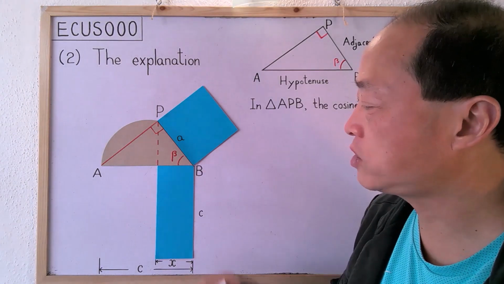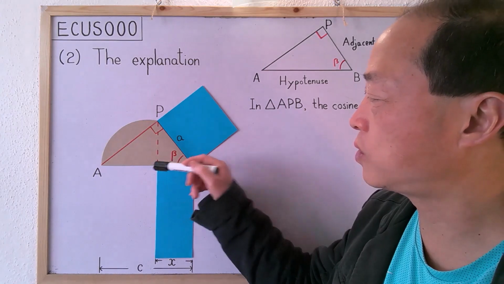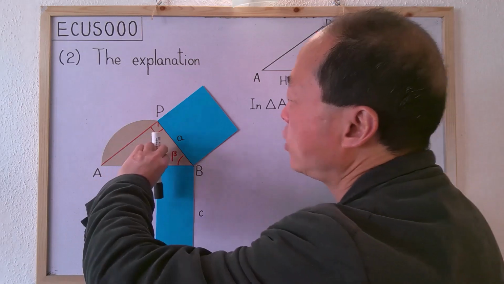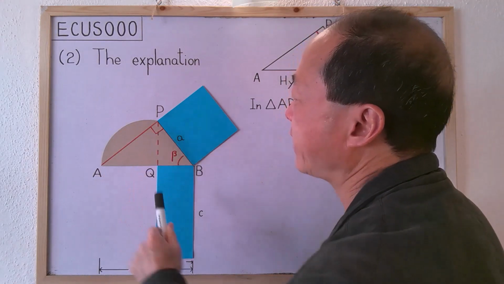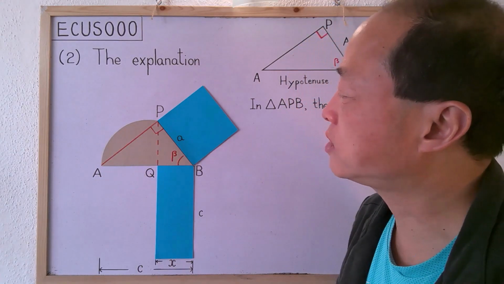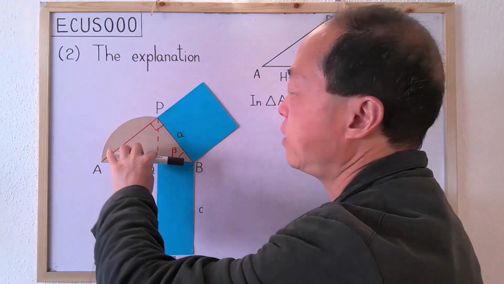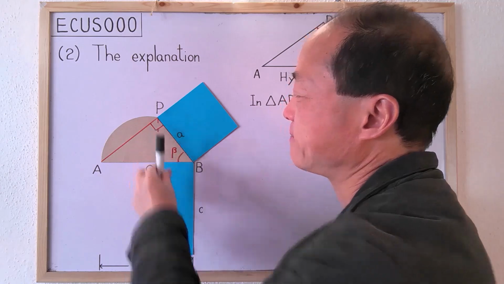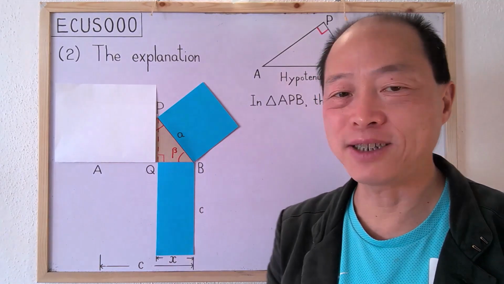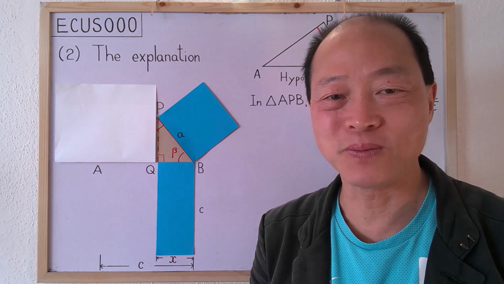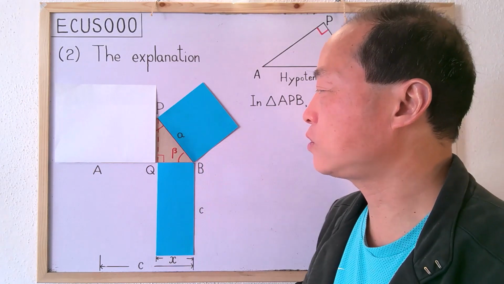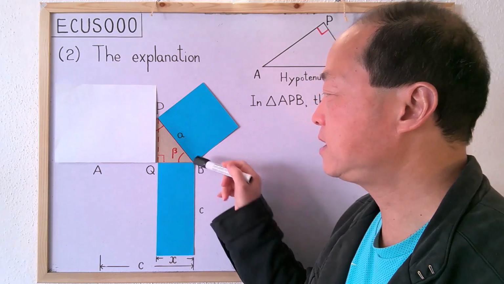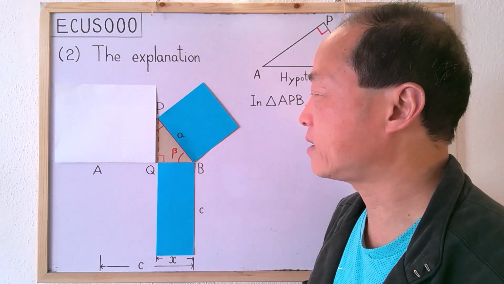Look at this rectangle. Let the ending point of this longer side be Q. This is a line extended from Q. The angle of a straight line at Q is 180 degrees. This angle is 90 degrees. Therefore, this angle is also 90 degrees. This small triangle is actually a right-angled triangle. Look at this small right-angled triangle. These two sides form the right angle. This is the remaining side in the triangle.